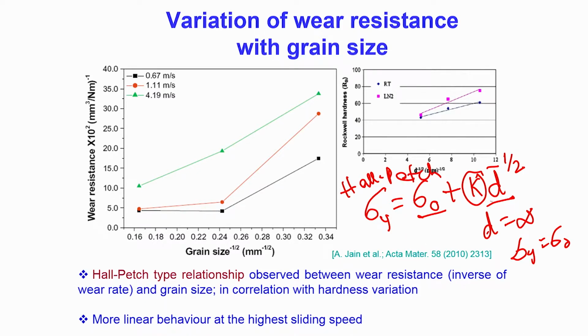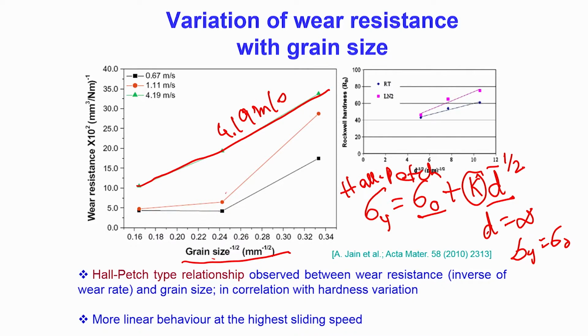Now, in line with this argument that yield strength has a proportional relationship to d to the power minus 1 by 2, we tried to explore whether wear resistance, which is nothing but 1 by wear rate, has a similar proportionality relationship with grain size to the power minus 1 by 2. And what you notice here is that there is a very linear relationship at 4.19 meters per second, a very high sliding speed.